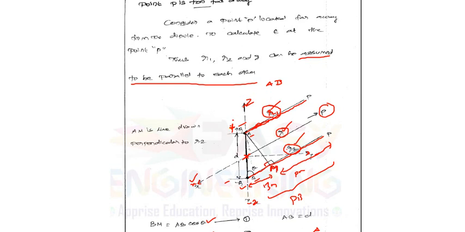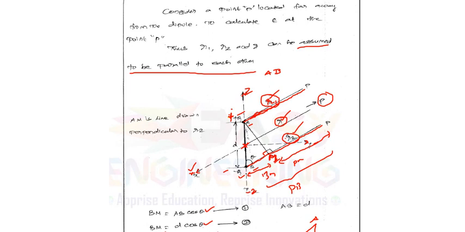Now we draw a perpendicular from A to R2. It meets at a point M and forms a right angle triangle, AMB.